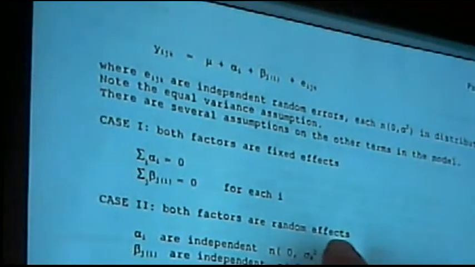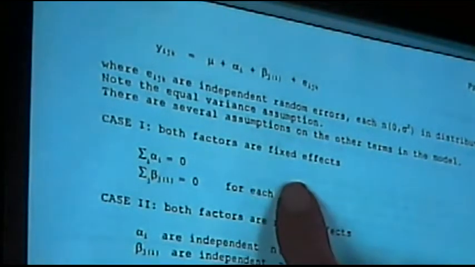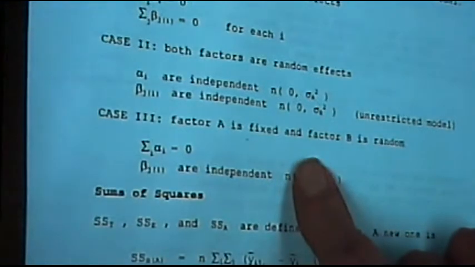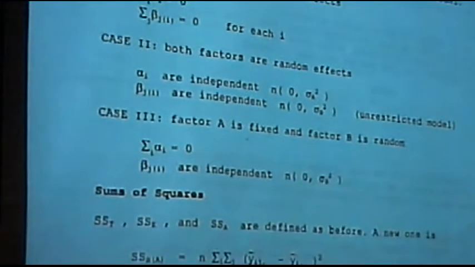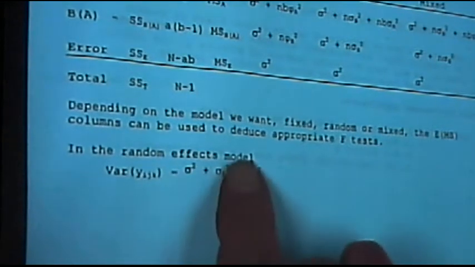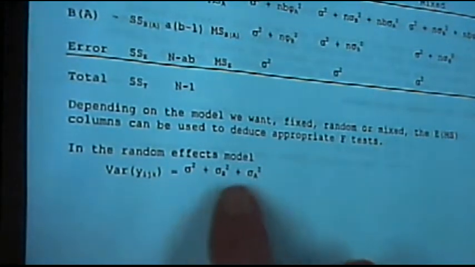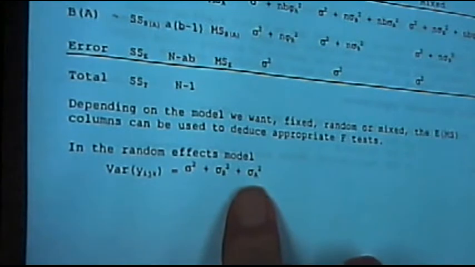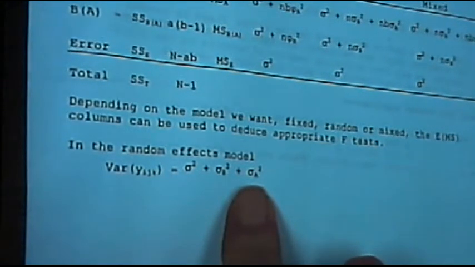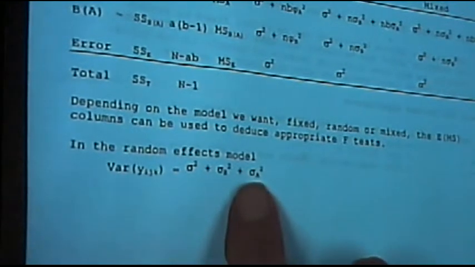And we had possibilities of both factors fixed, both factors random, or the mixed model situation. And then we said at the bottom here, in the random effects model, this is the variance of the y. We don't have any mean of the y to be interested in. There's no mean of the y to be interested in the random effects model. So there's only these variances that are of interest.